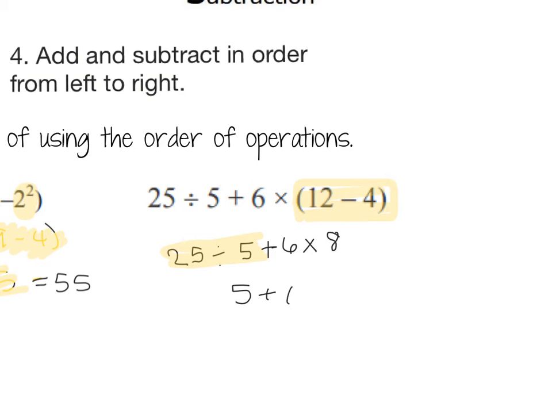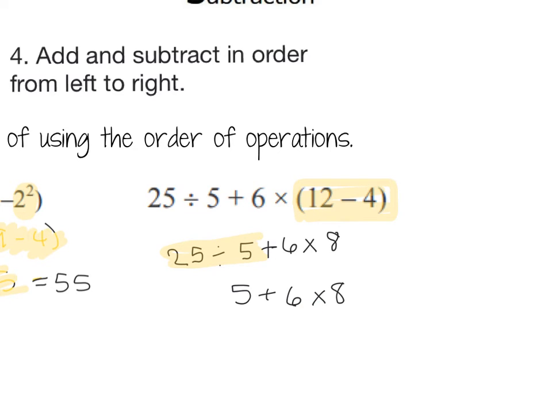Everything else comes down. Now, a real common error would be to add 5 plus 6, and you would get 11, and then times 8, and you would get 88. But if you notice, you're doing addition before multiplication.